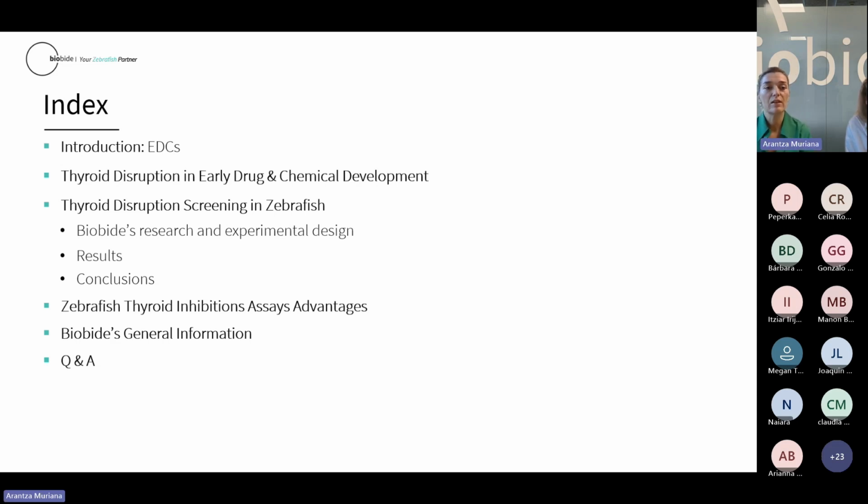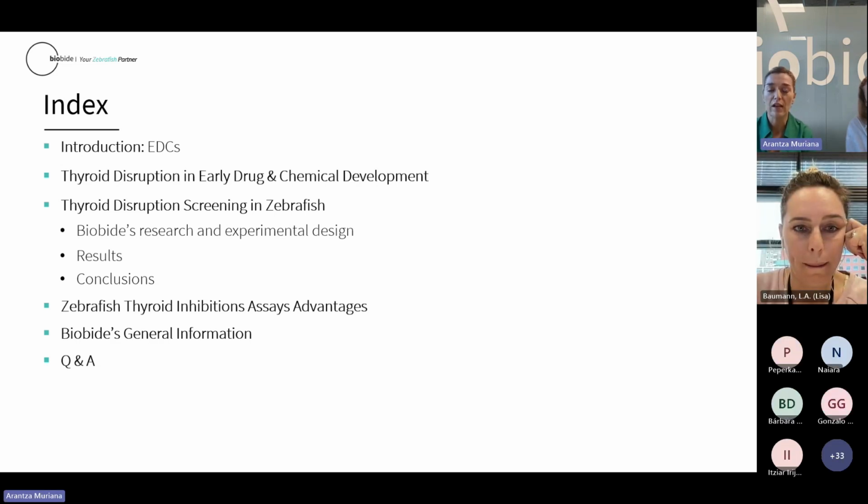Then Andrea will explain about our thyroid disrupting screening in the zebrafish with our research and experimental design and the results we got in the validation and the conclusions. And finally, we will specifically remark the zebrafish thyroid inhibition assay advantages, some BioBite general characteristics and information on other assays that could complement this one. And then we will have time for questions and answers.